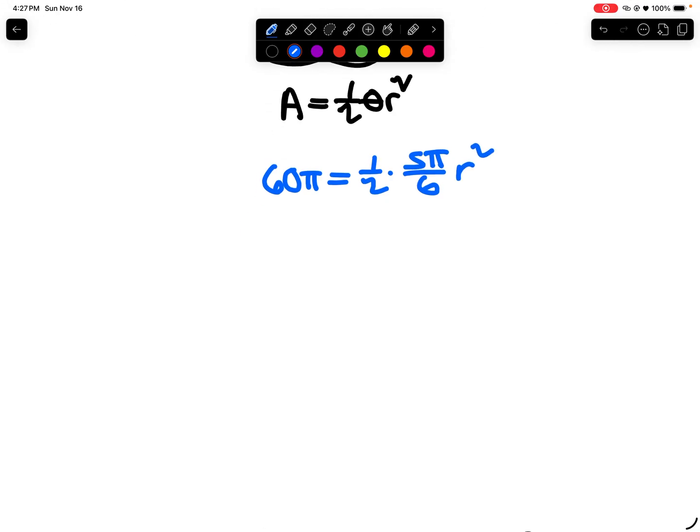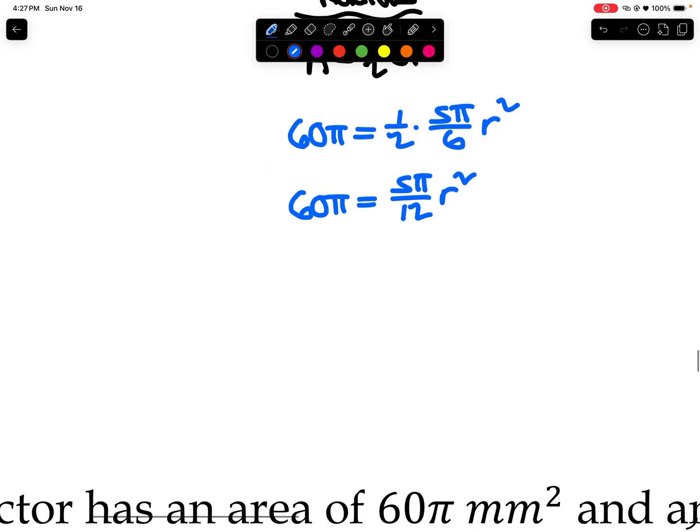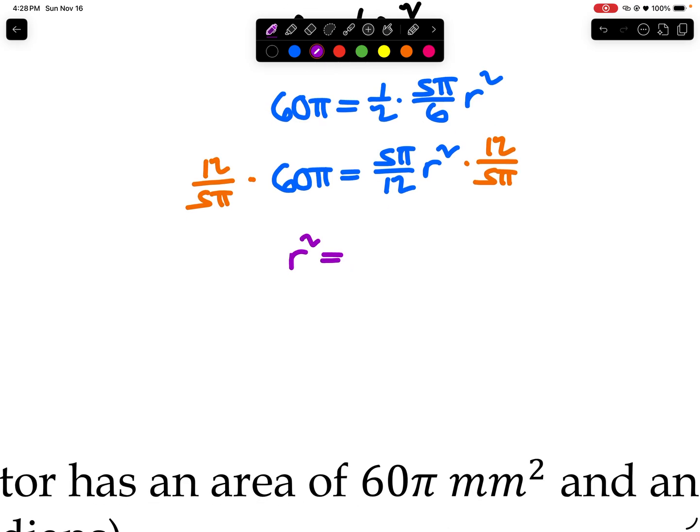Okay, so I'm going to have 60 pi, which is going to equal 5 pi over 12 times r squared. And then I'm going to multiply both sides by the reciprocal. So 12 over 5 pi on both sides. So when I do that, that tells me we're going to have an r squared value of 60 divided by 5 is going to be 12. 12 times 12 is going to be 144.